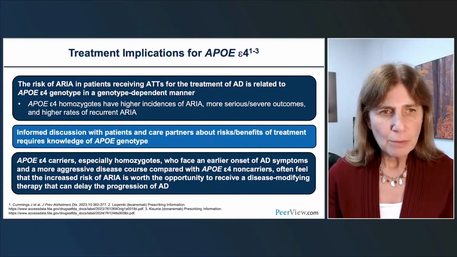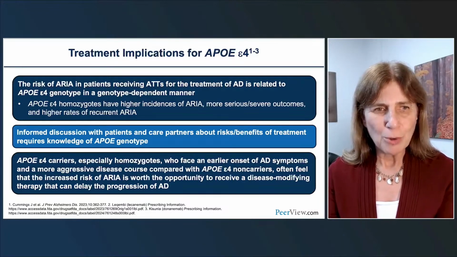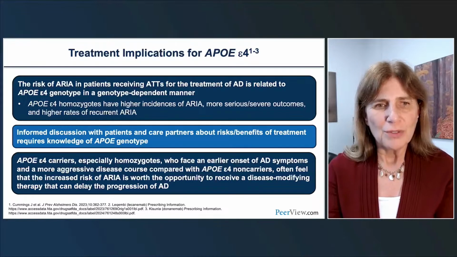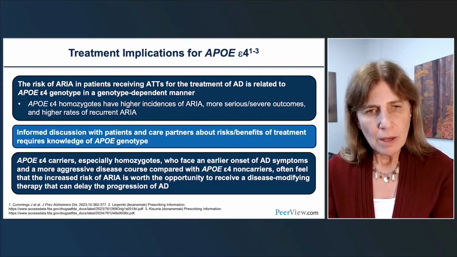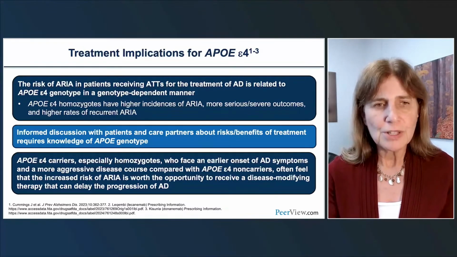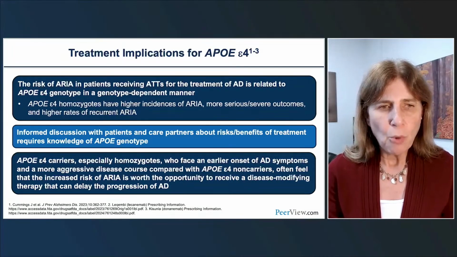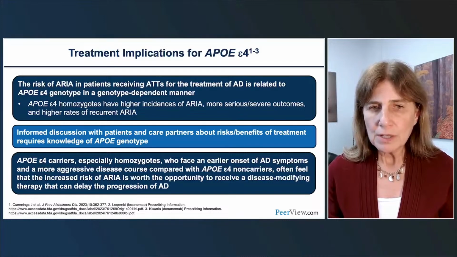But regardless of antibody, there's this trend that the greater copy number of ApoE4 you have, the higher risk of having ARIA, it may tend to be more severe, and you may have more recurrence of ARIA. And so it's important to speak with patients and families about this risk.